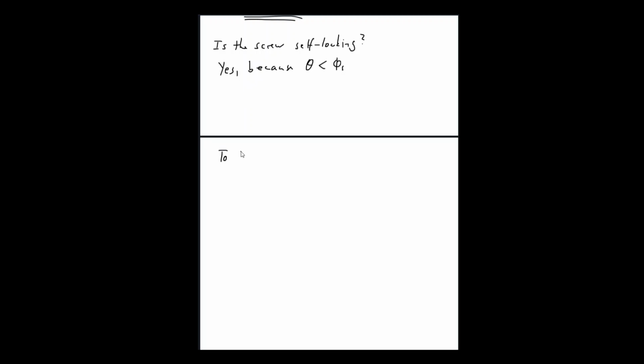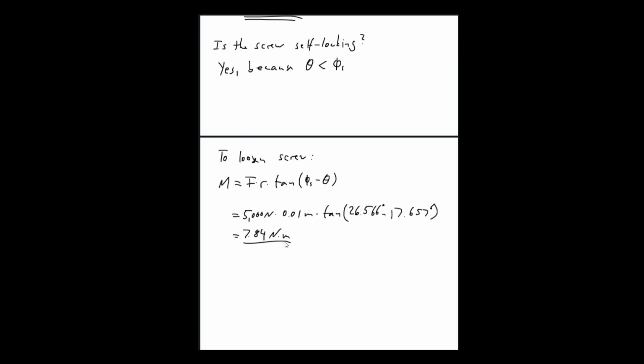So to loosen the screw, we have to do our other equation. In this case, we have M is equal to F times R times tangent of phi s minus theta. Basically the same as what we had before, so 5,000 Newton, 0.01 meters times tangent of 26.566 degrees minus 17.657 degrees gives me 7.84 Newton meters.